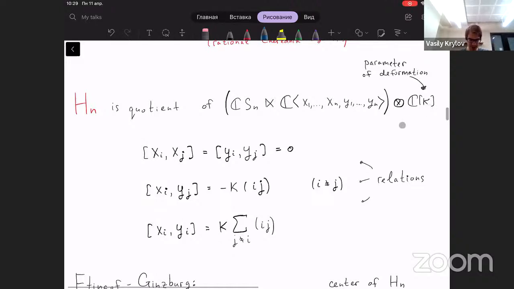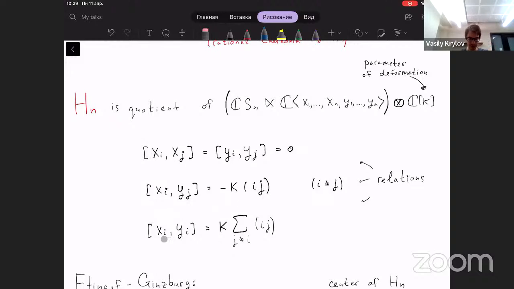And the relations are the following. X's commute with X's, Y's commute with Y's. And the commutator of Xi with Yj, when i is not equal to j, is equal to minus kappa times (ij), where (ij) is just a transposition.